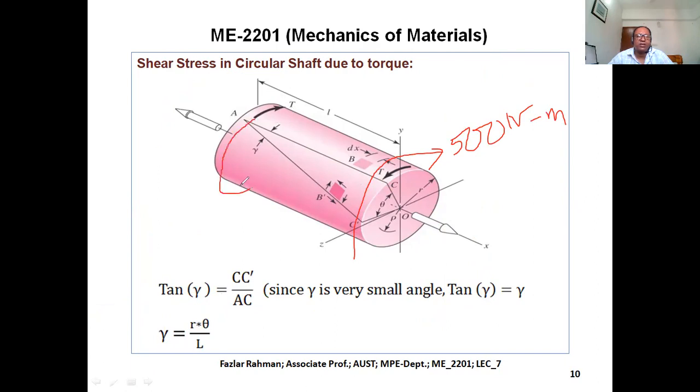So it has to be along this direction, 500 Newton meter over here. Now will you consider this torque positive or negative? Negative. With respect to this point, always think of the torque as positive, not negative.